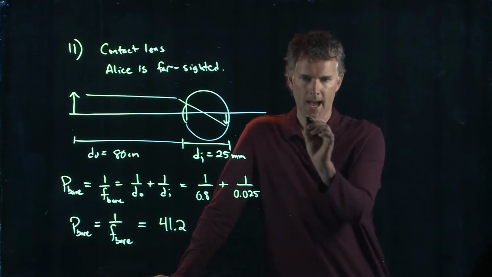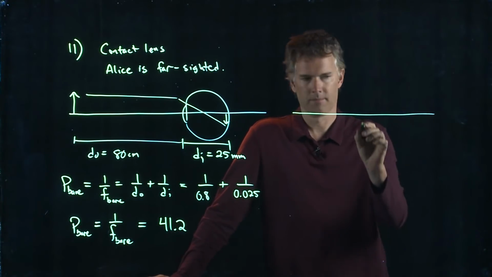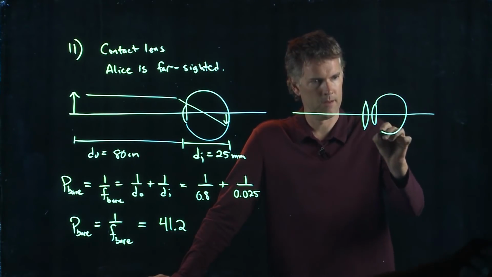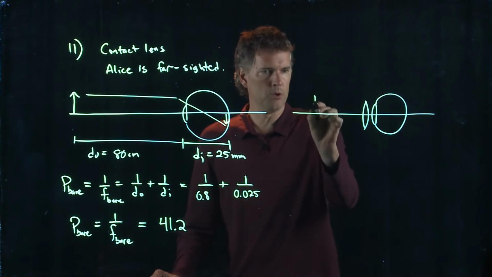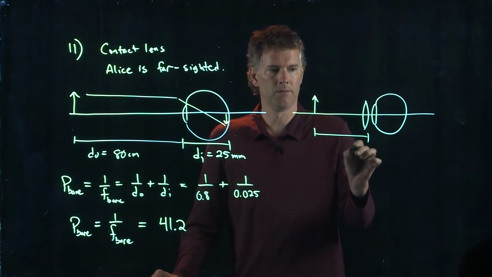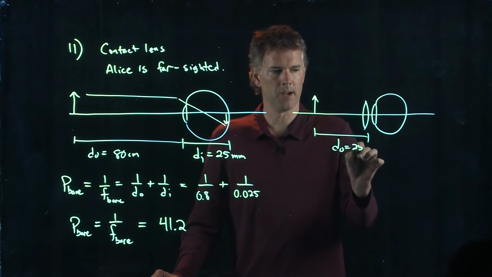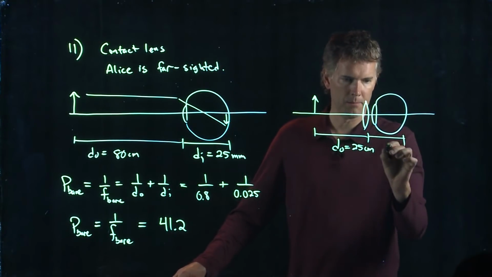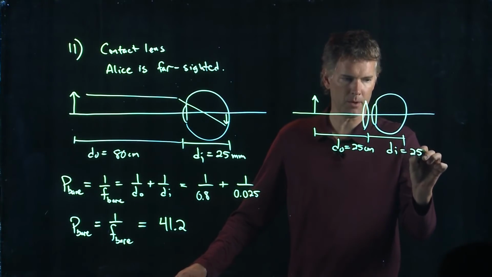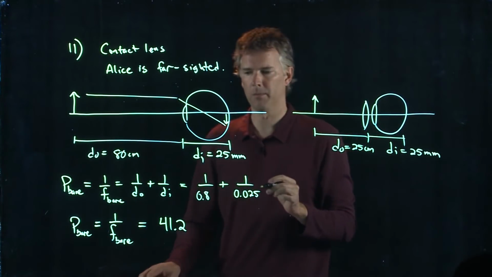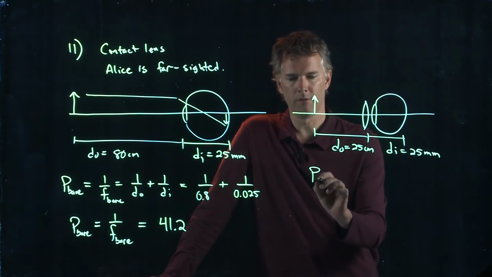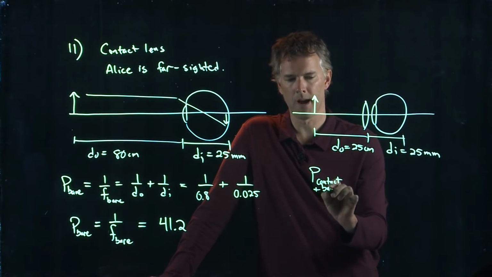But now we're going to add a lens to the system right in front of her eyeball. And we have a new DO. DO is now 25 centimeters. We have the same DI because it's the size of the eyeball, 25 millimeters. And so now we can calculate the power of the contact plus bare eyeball system.